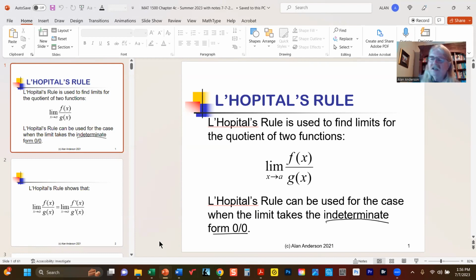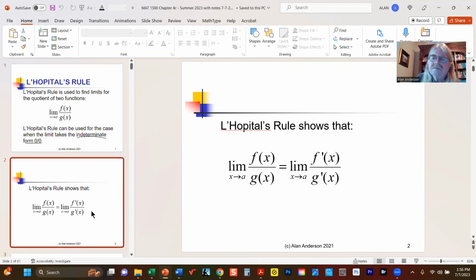Basically, what it's telling us is that if you take the limit of a ratio of two functions, as you see here, and direct substitution results in 0/0, then what we can do is take the derivative of the two functions and try again. Now, it's possible that we'll still wind up with 0/0, but it may also result in an actual answer.